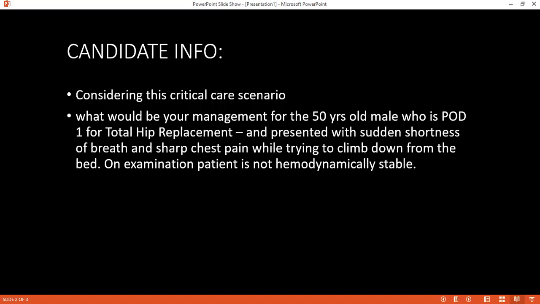Paraoperatively, we can use intermittent pneumatic compression. And postoperatively, I will advise the patient early mobilization and use an intracaval device, only if you suspect repetitive pulmonary embolism. Okay, very good.